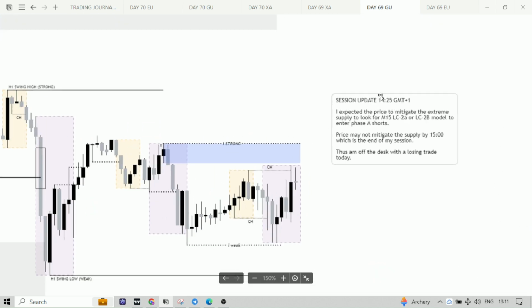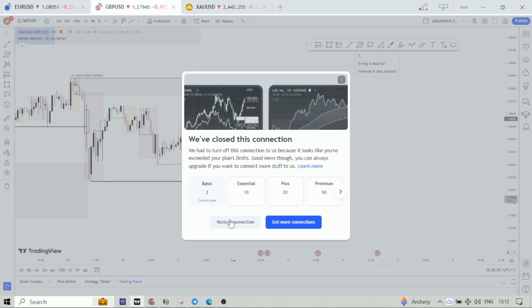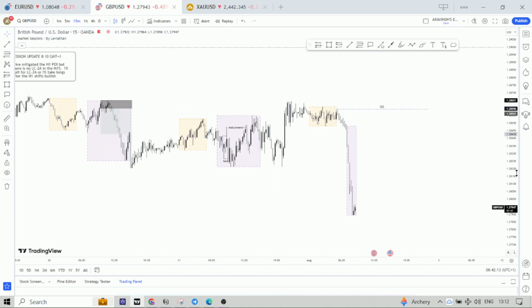It's already 4:25, and this candle was already 45 minutes old, and even if it goes up there, I'll not be getting any M15 pullback inducements. So I just left the desk with one losing trade. Let me just show you what happened after that.